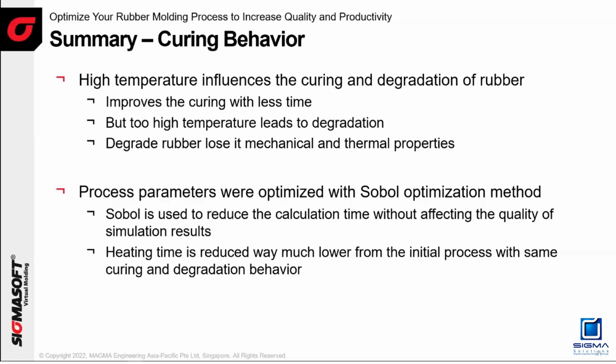That's how in SIGMASOFT, when we use the Sobol method, even though we have made a lot of designs, we are able to reduce the number of designs and complete all the calculations in a shorter time without affecting the quality of the results. Here the heating time is reduced much lower than the initial process, with the same curing and degradation behavior.